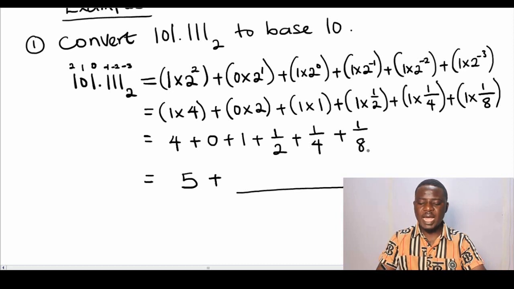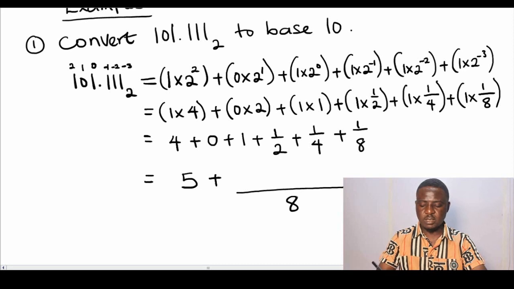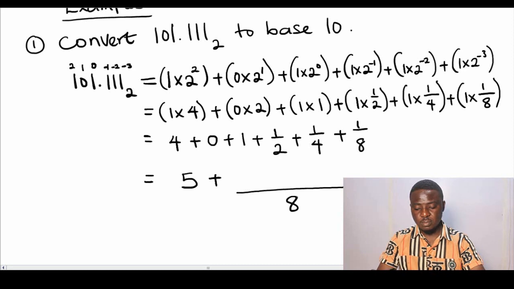So if I'm to add half plus 1 over 4 plus 1 over 8 together, I'm going to use the LCM method. What's the LCM of 2, 4, and 8? The LCM is 8. I have gotten a new denominator for these fractions.